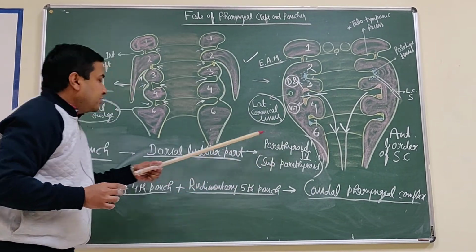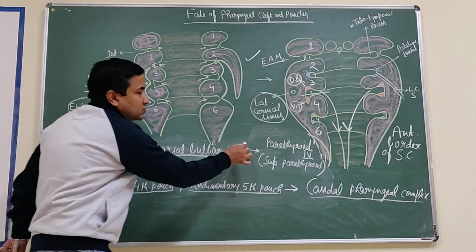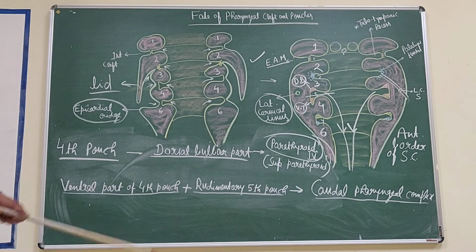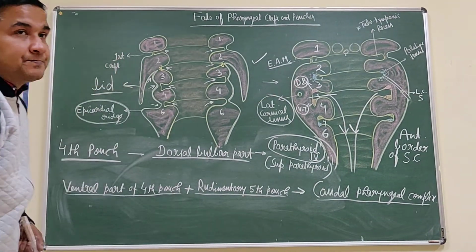This parathyroid forms from the fourth pouch. It is also known as the parathyroid fourth, from the third pouch, parathyroid third.